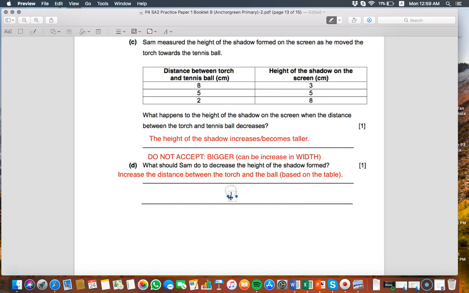Of course, there are also other answers. You can say move the ball further away from the torch, or you can say increase the distance between the torch and the screen.